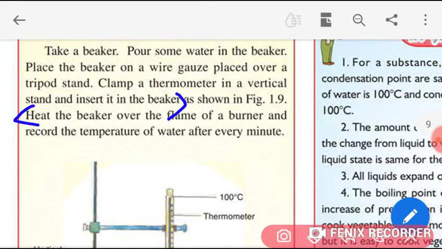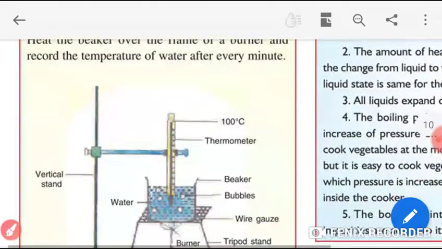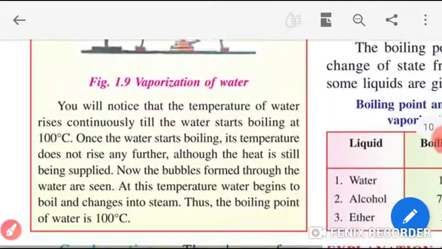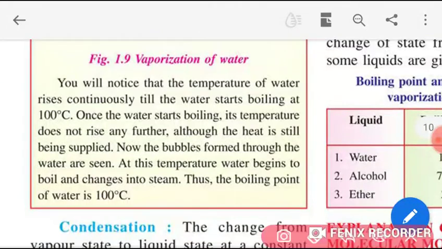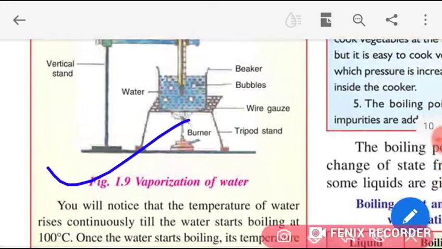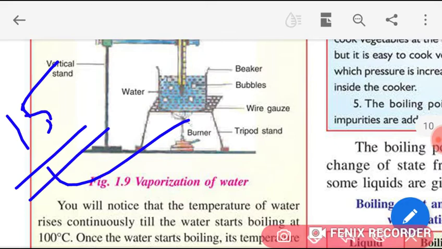Then heat the beaker over the flame of a burner and record the temperature of water after every minute. You will notice that, from here till the full paragraph, up till 100 degrees Celsius. And in this question you have to draw figure number 1.9. This is your 15th answer.